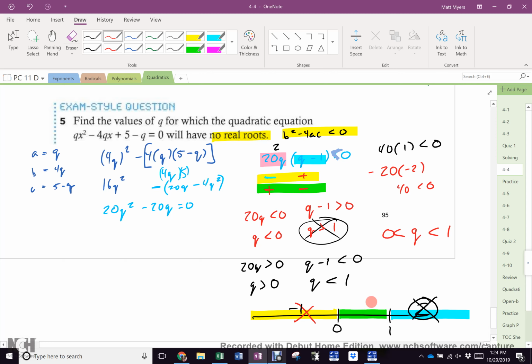If you want to check, I would suggest using a half. What's half of 20? And what's 1/2 minus 1? -1/2. What's 10 times -1/2? -5. Is -5 less than 0? Yes. So this is the right answer.